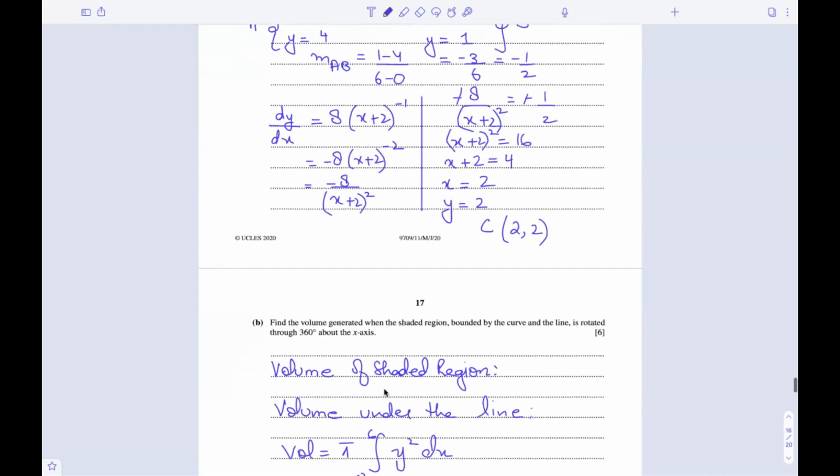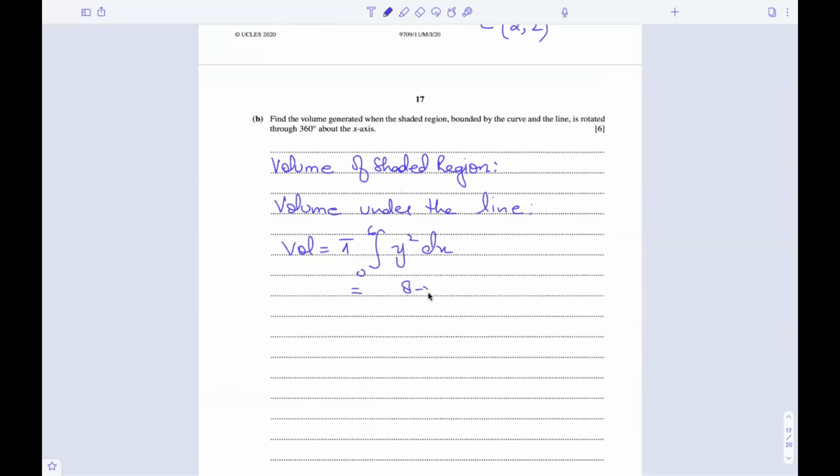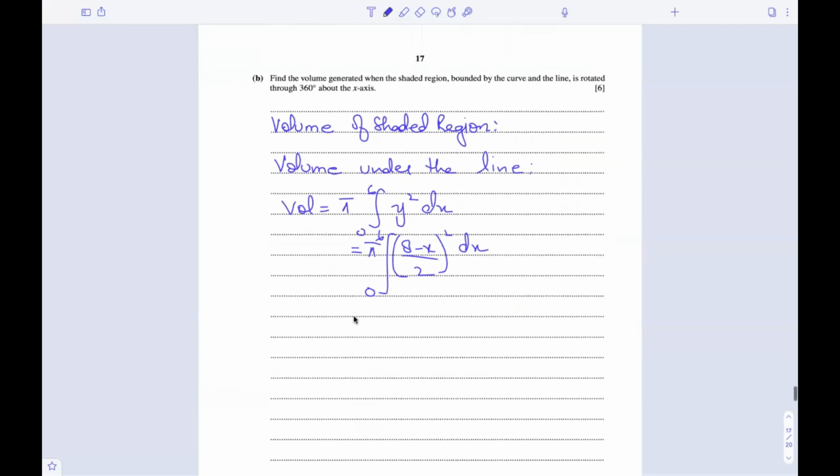So the equation of the line is (8 minus x) upon 2. So we write pi times the integral of ((8 minus x) upon 2) whole squared dx, with limits 6 and 0. So we have (8 minus x) whole squared upon 4.